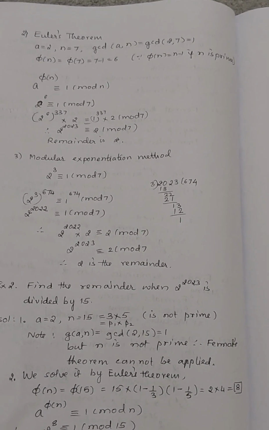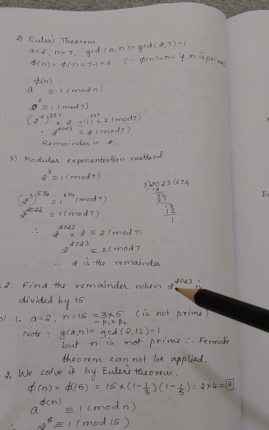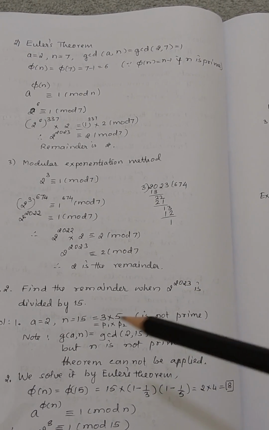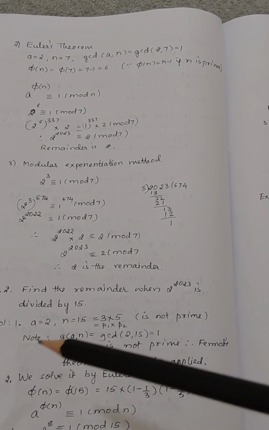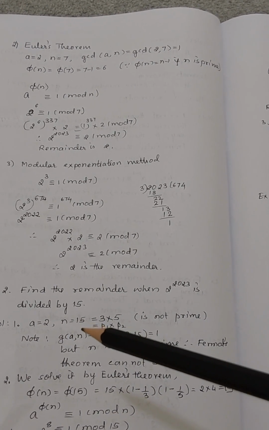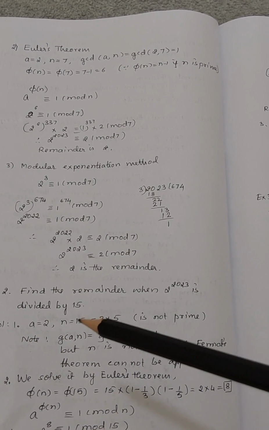Now consider another example. Find the remainder when the same number, 2 to the power 2023, is divided by 15. So a is 2 here, n is 15. We cannot apply Fermat's theorem here because this is not a prime number.